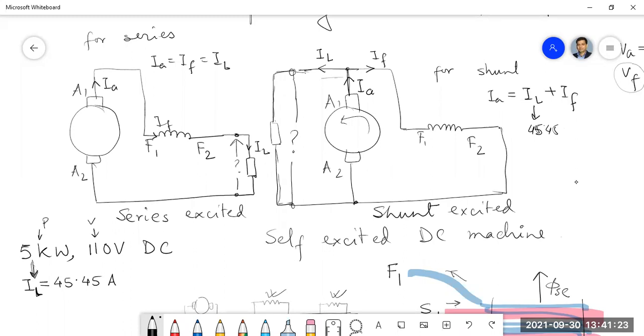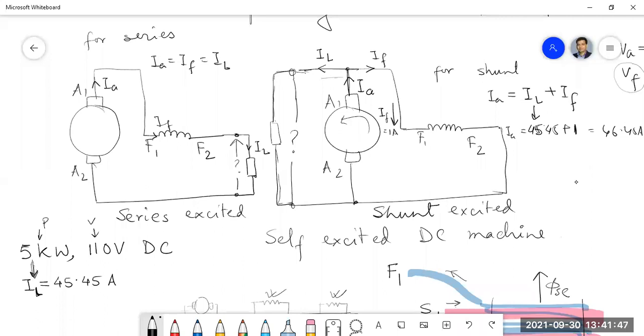Okay, so suppose only 1 ampere field current is there. So that means what is the value of IA? IA equals 46.45 ampere. Now to make this possible, if the field current is only 1 ampere, then what should be the resistance of this field?